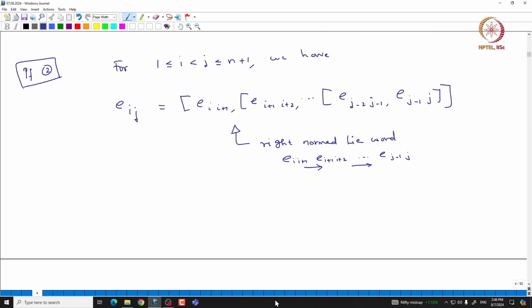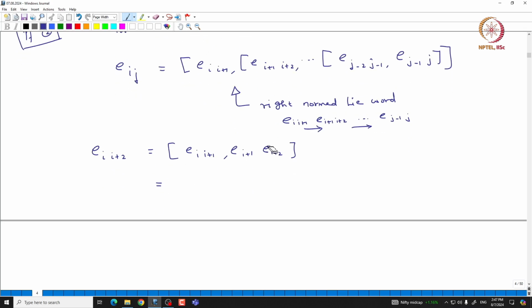For example, let us do this simple calculation. If you take E_{i,i+2}, this is nothing but the bracket of E_{i,i+1} and E_{i+1,i+2}. Why is this true? Basically, the bracket [x, y] is nothing but E_{i,i+1} times E_{i+1,i+2} minus E_{i+1,i+2} times E_{i,i+1}.